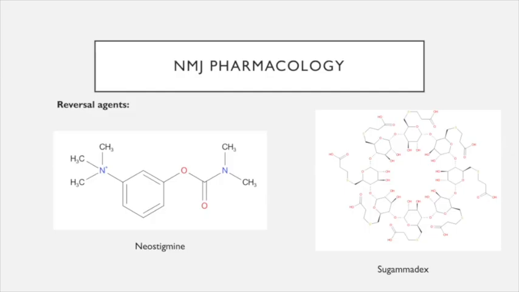So there needs to be some sort of balance, and that's the role of acetylcholinesterase. The effects of acetylcholine only last for about 1 millisecond, and it's rapidly broken down. So the use of neostigmine is to inhibit the effects of acetylcholinesterase.